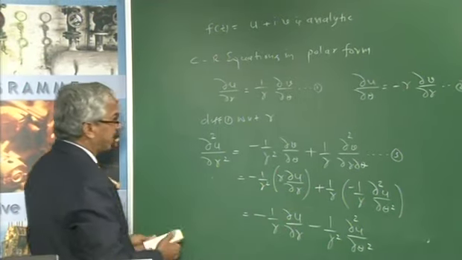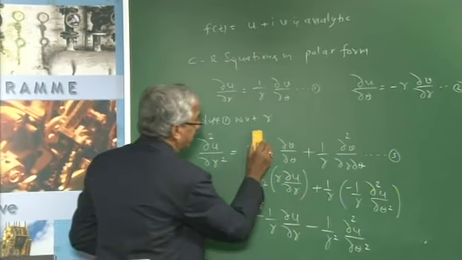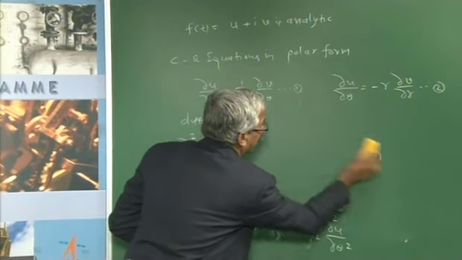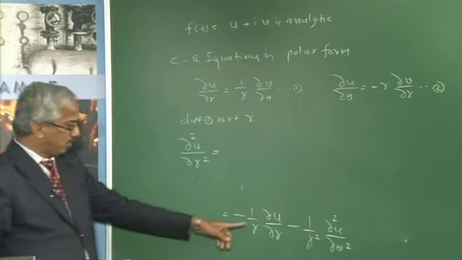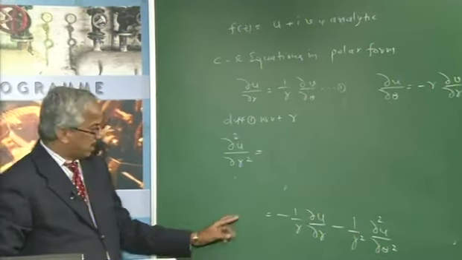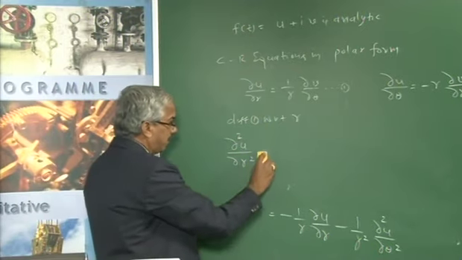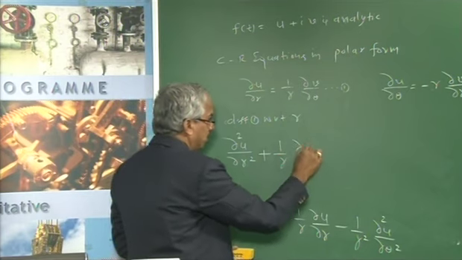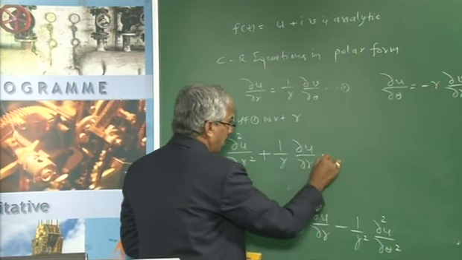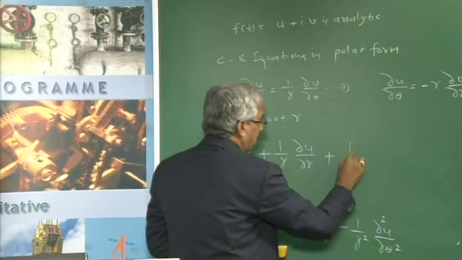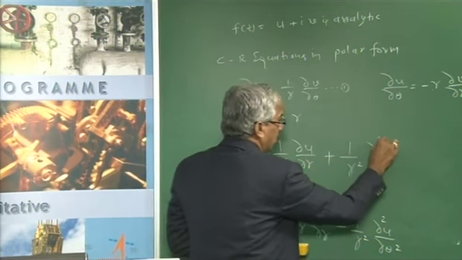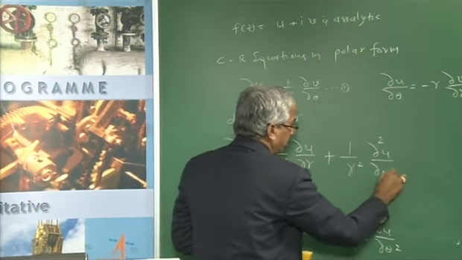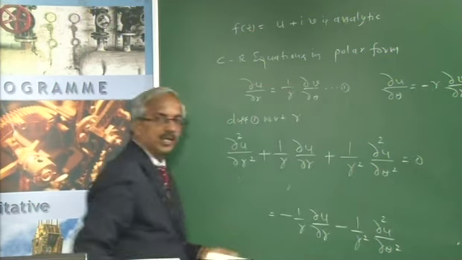Then you bring this to the LHS, I have to bring all the terms here, and we get dou square u by dou r square plus 1 by r into dou u by dou r plus 1 by r square into dou square u by dou theta square equal to 0.